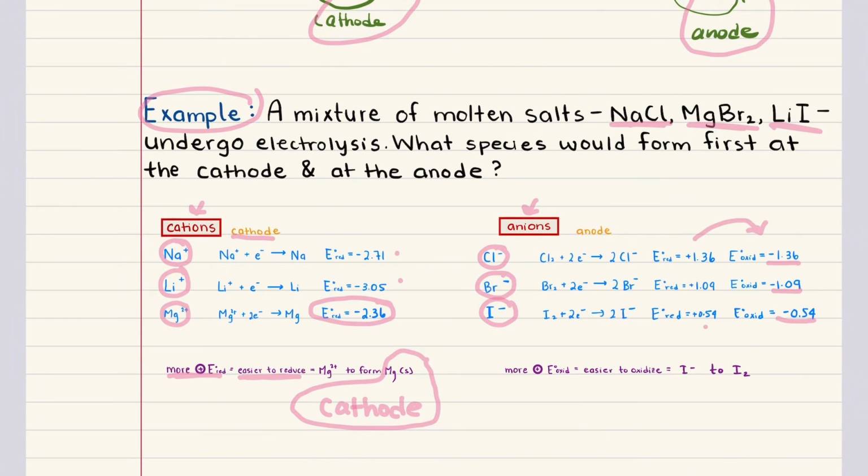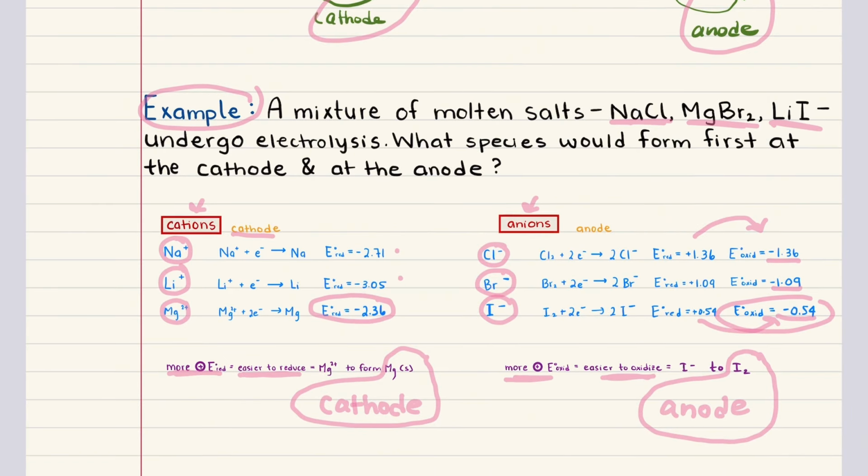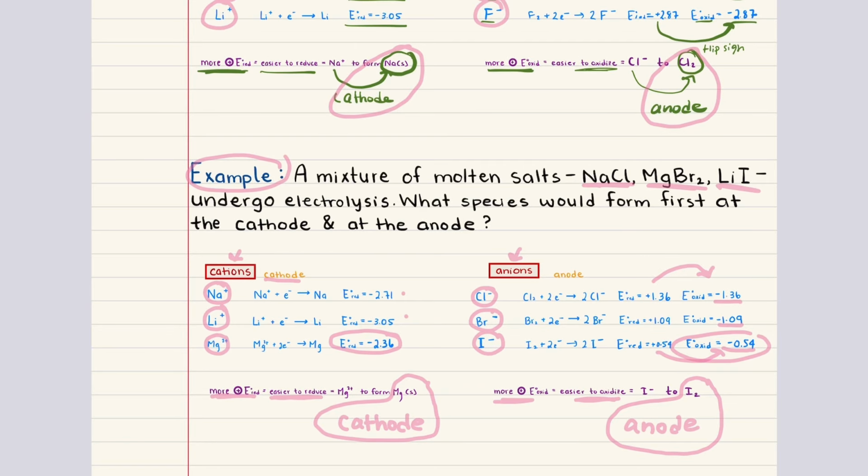Iodide has the most positive oxidation potential when the sign is flipped from its reduction potential, making it the easiest to oxidize. Therefore, iodide will be oxidized and it forms iodine at the anode. So, for our mixture of molten sodium chloride, magnesium bromide, and lithium iodide, magnesium metal is produced at the cathode and iodine is produced at the anode.